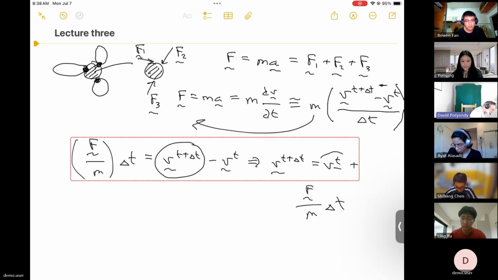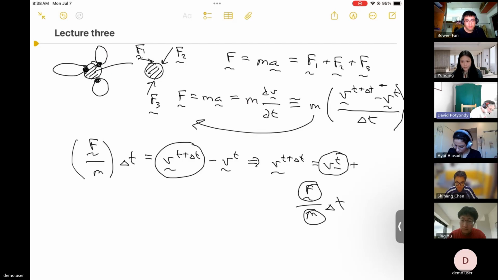We know this at the beginning of the time step. We know the total force, we know the mass, and we know a delta t. Somehow we figure out what delta t is for each time step. Literally that's all we're doing. As long as we're tracking velocities, contact forces and masses, we can update the velocities of every particle. And then we need to update the position.